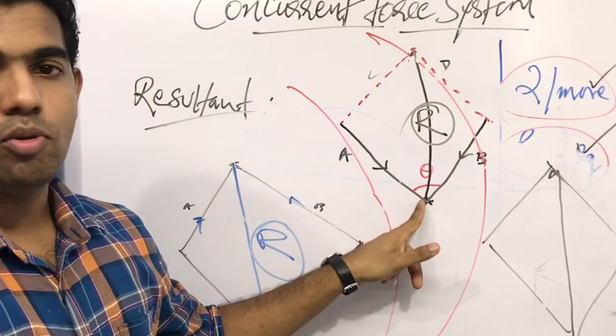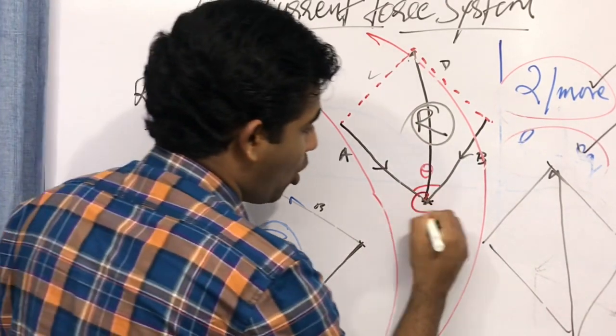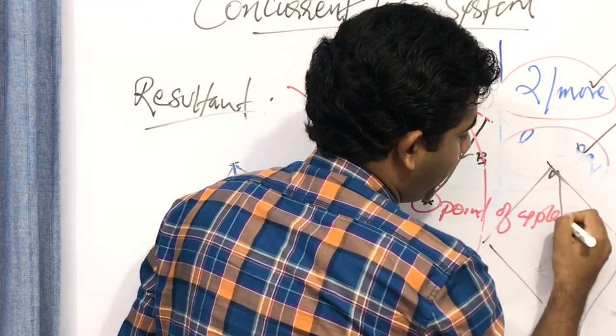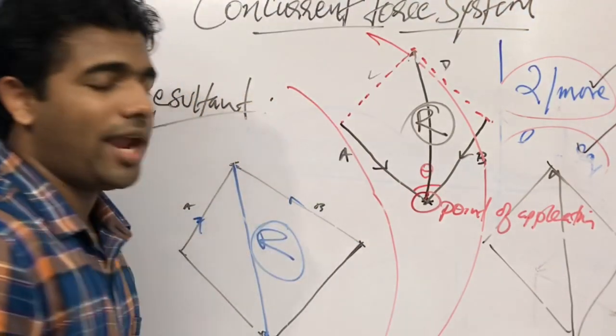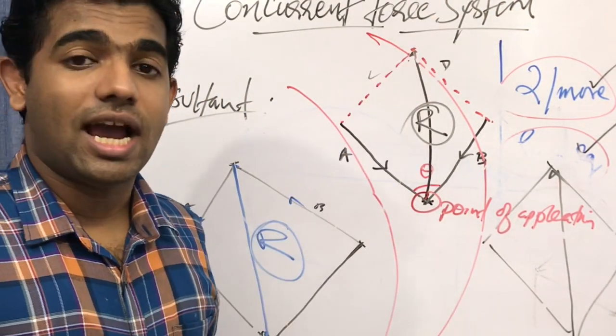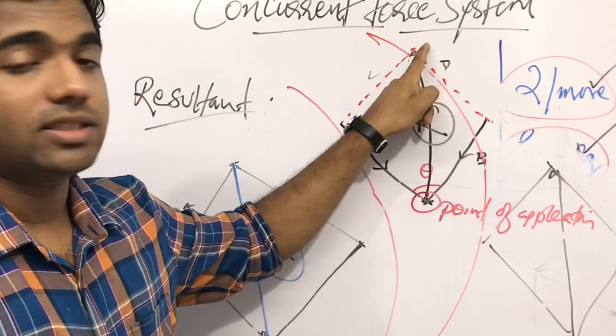This common point of A and B is known as the point of application. From the point of application of A and B, we draw a line which is the diagonal of the parallelogram. It will intersect the dotted lines.